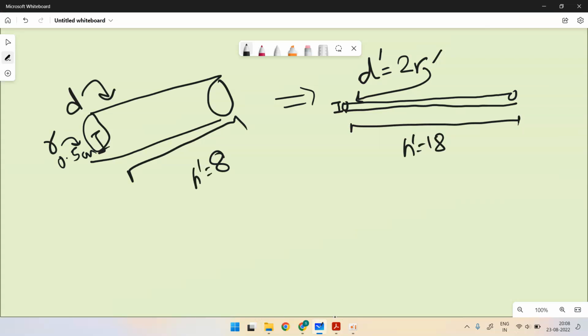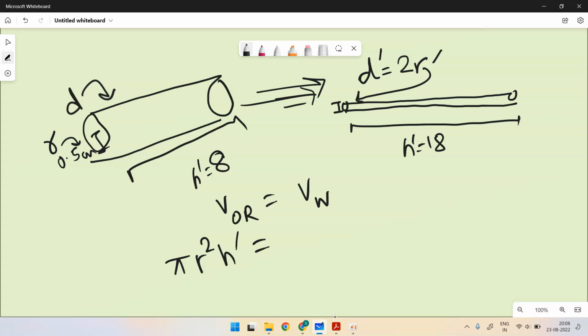So if this is completely used and drawn into wire, the volume of the original rod equals the volume of the wire. What is the volume of the rod? Pi r square into h. For the wire, pi r dash square h dash.